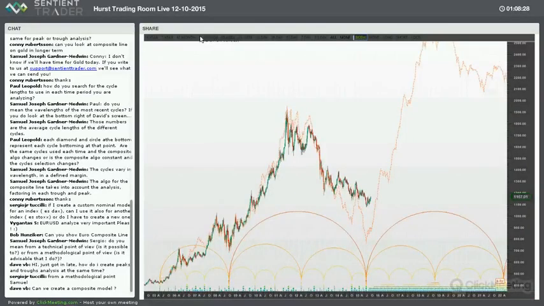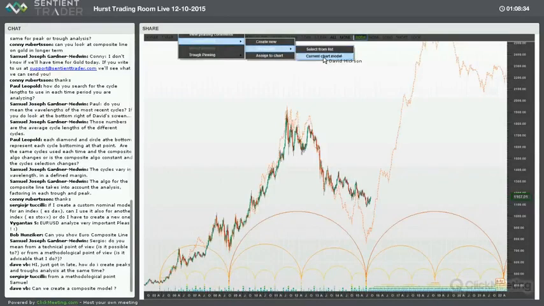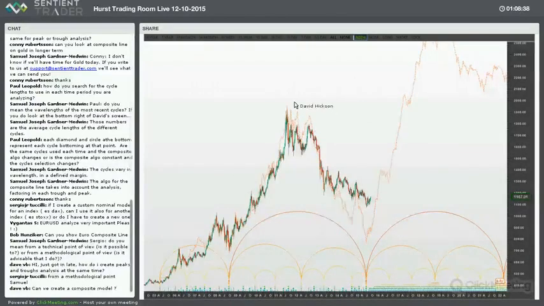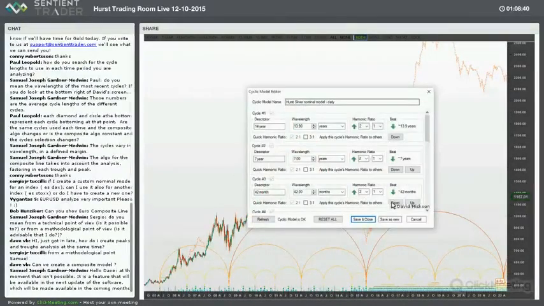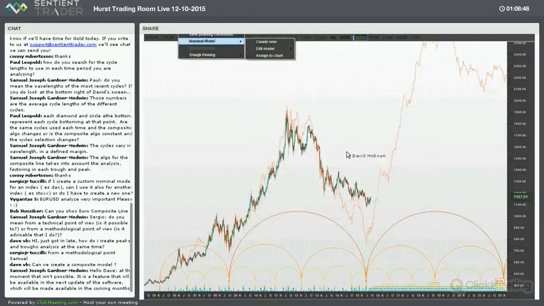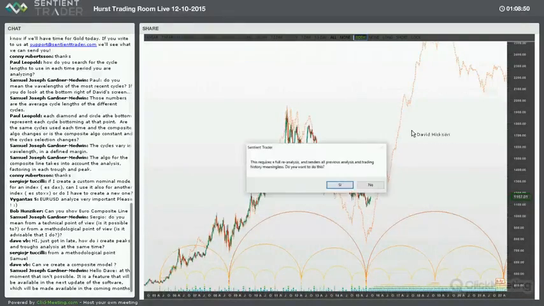So I'll show you. This is my analysis of gold, and after last week's webinar with John, I was able to load his nominal model. There it is. Okay, so all you do, Sergio, is you go to analysis, nominal model, assign to chart.